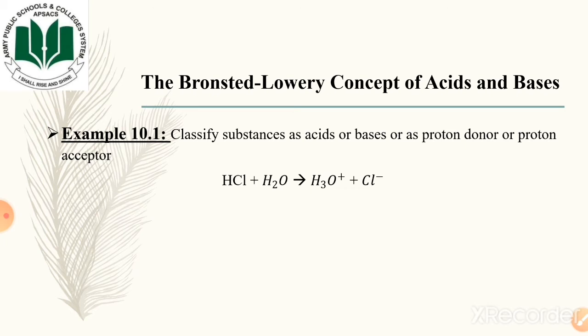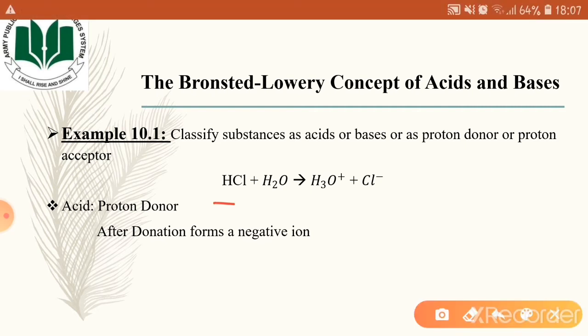Now we need to identify these substances as acids or bases. For acids, always remember that acids are proton donors, and the second tip to identify a substance as an acid is that after donation of a proton, acids form a negative ion. You may see here that HCl is working as an acid.